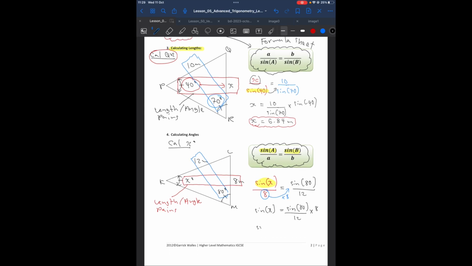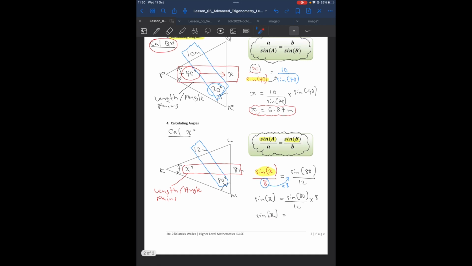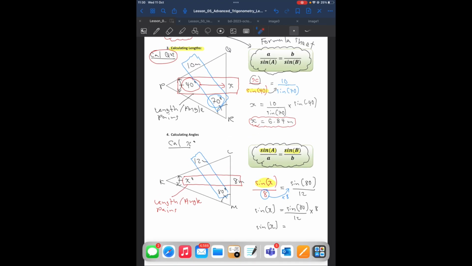And remember, what we're trying to calculate now is not x. When we type sine 80 over 12 times 8 into the calculator, we're going to get the value for sine x.